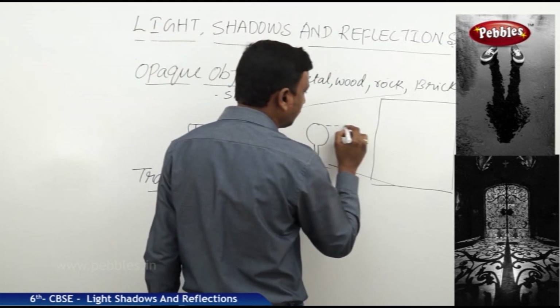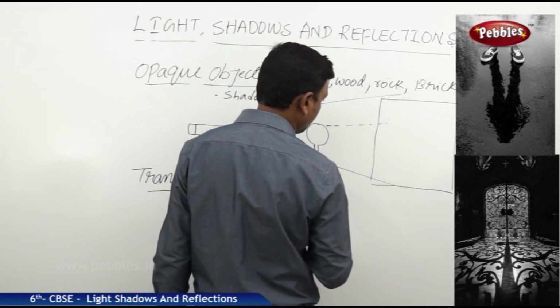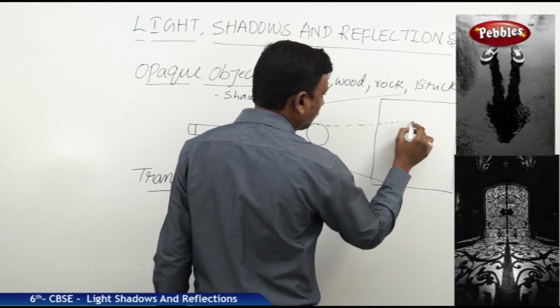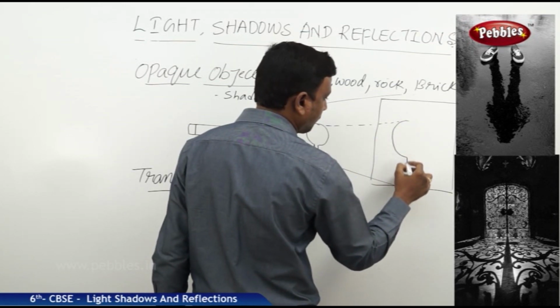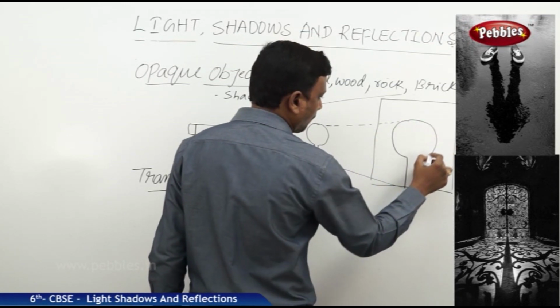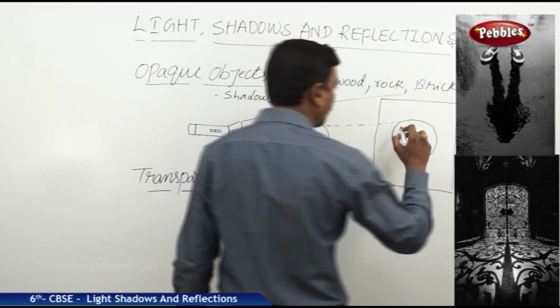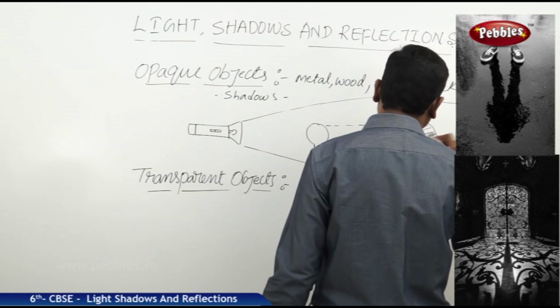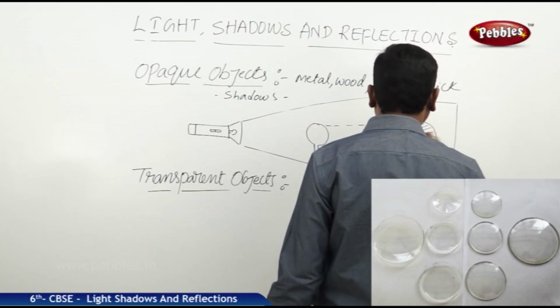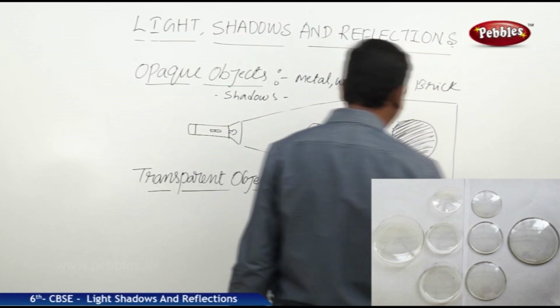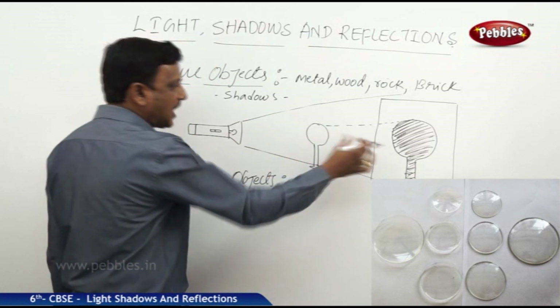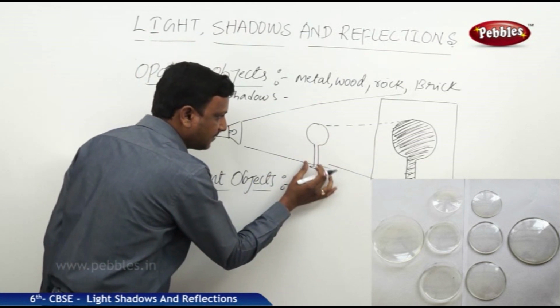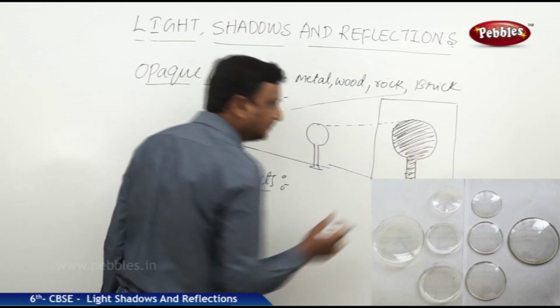Now you can see the shadow of this circular object that I have kept here falls here.